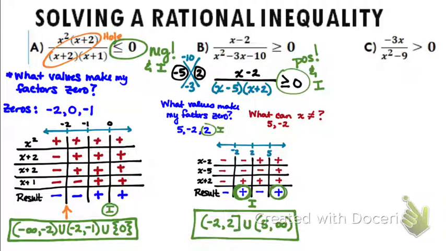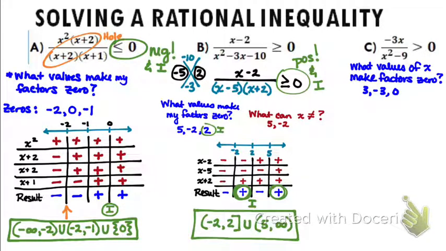Talk to me about this one. What values of x make my factors 0? I'm not speaking right today. What values of x make the factors 0? +3. -3, anything else? 0.